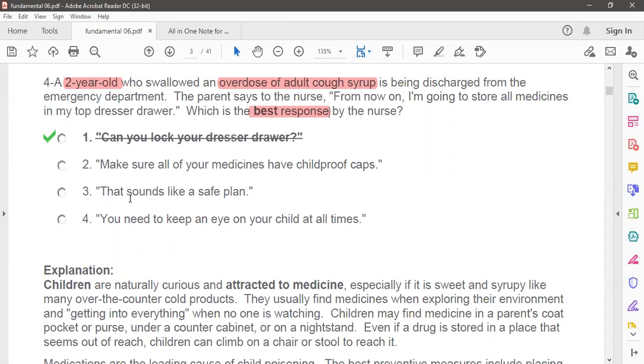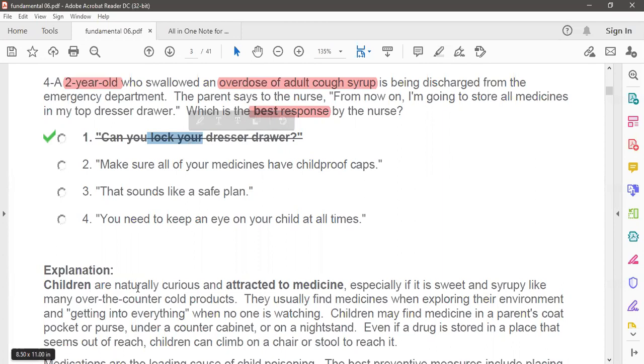And number 3, that sounds like a safe plan. Definitely it is not 100% safe. Make sure all of your medication has a child-proof cap. It is good, but out of the 4, number 1 is the best. If you keep it locked inside, it would be out of the children's reach. Children are not able to reach it. So number 1 is the best choice.